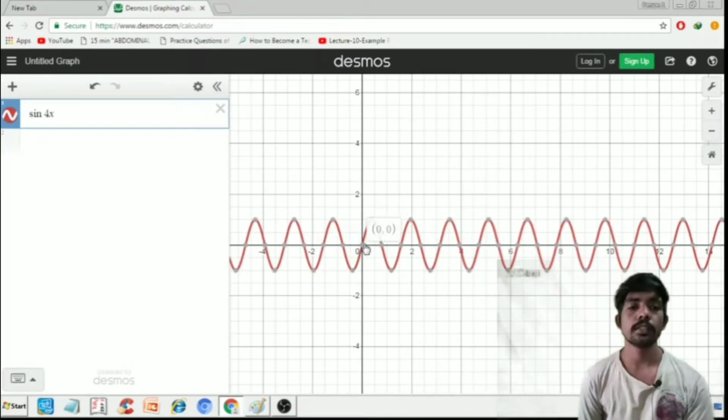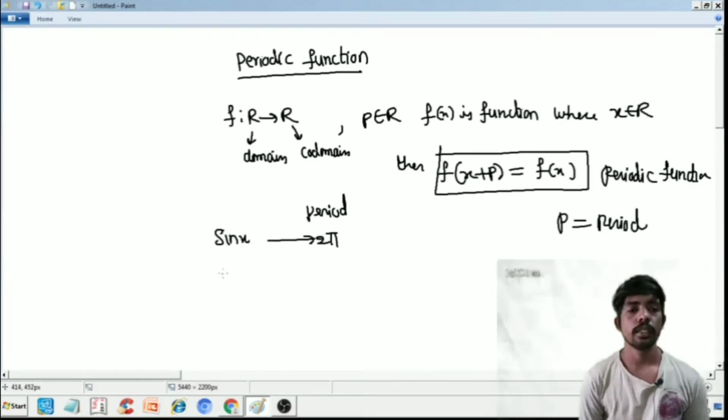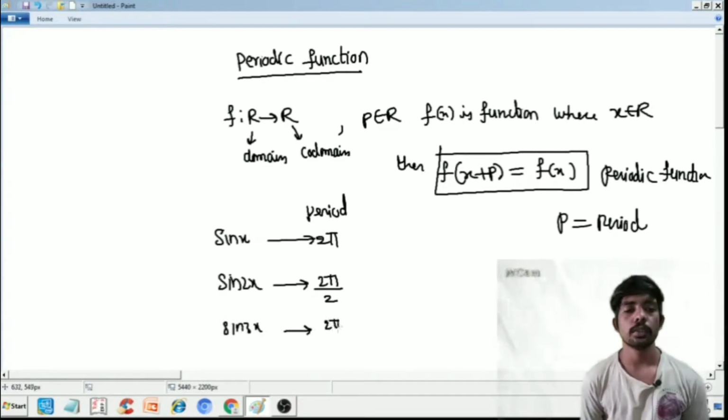Then the period is 0 to pi by 2, hence the period is pi by 2. As the angle increases, the period goes on decreasing. Here the period of sin 2x is 2 pi by 2, sin 3x is 2 pi by 3, and sin 4x is 2 pi by 4. Here this is pi and this is pi by 2.